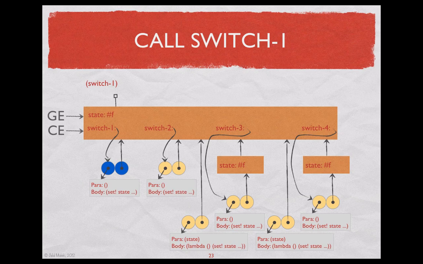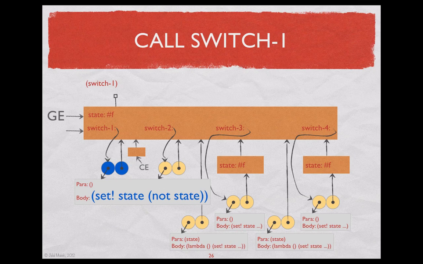It's the procedure, and just like any procedure call, applying it means that we have to create a new frame in which its parameters, in this case nothing, are bound to arguments, in this case nothing, and then this becomes the current environment in which we will be working, and the work we'll do would be applying the body of this procedure, which says set state to not state.